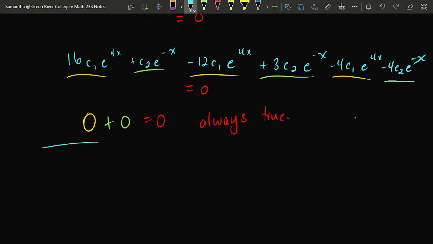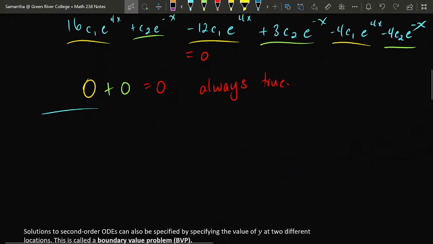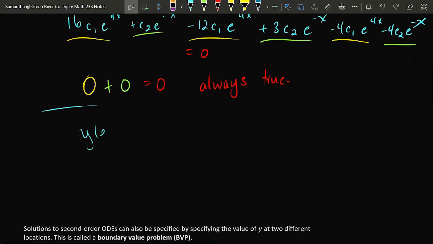So if I plug 0 into the original function y, then y of 0 is going to be equal to C1 plus C2, and that's supposed to be equal to 4. Now this single equation has two unknowns, and since I have more unknowns than equations, I'm not able to determine the values of either C1 or C2 just yet.